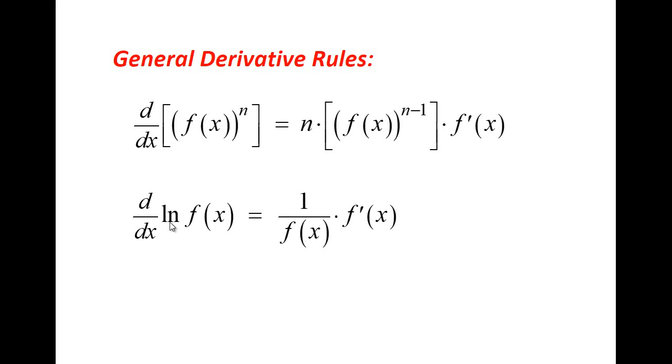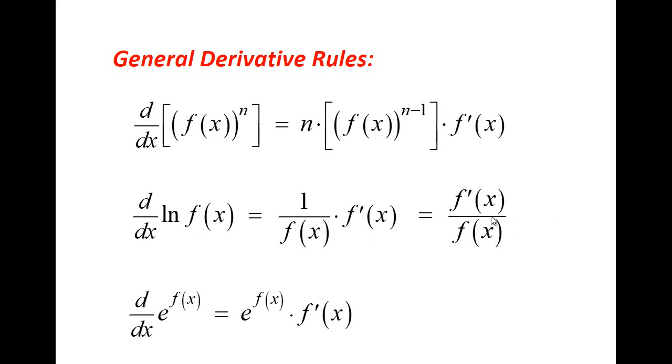The outside function is ln of x, and the inside is f of x. So you take the derivative of ln of x, that's 1 over x. You replace x by the inside f of x, and then you multiply by the derivative of the inside. And so what we get is that the derivative of ln of f of x is equal to f prime of x divided by f of x. This is known as logarithmic derivative.